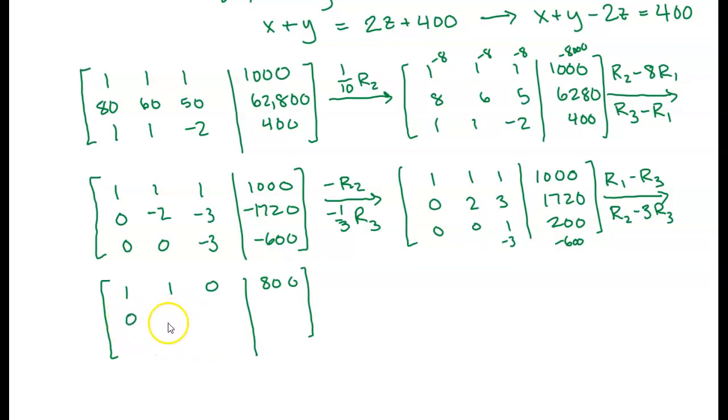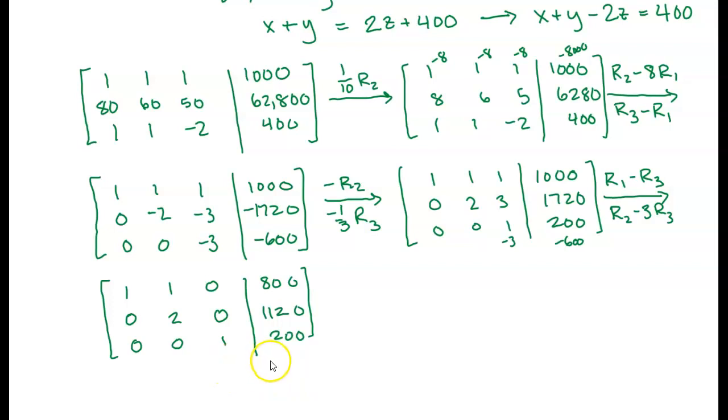So this becomes 0 plus 0 is 0. 2 plus 0 is just 2. And then when I take 3 plus -3, I get 0. And then 1720 plus a -600 gives me 1120. And I'm not doing anything to the last row. I'm just going to copy it down as is.